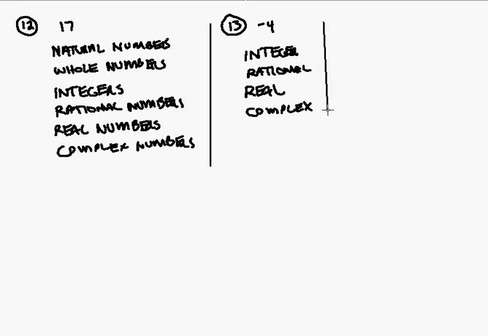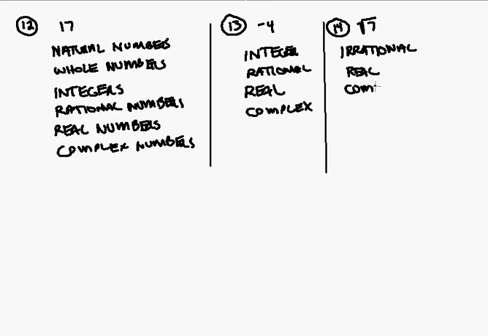Okay, number 14. Here you're given the square root of 7. So this is irrational. It is real. And it is complex.